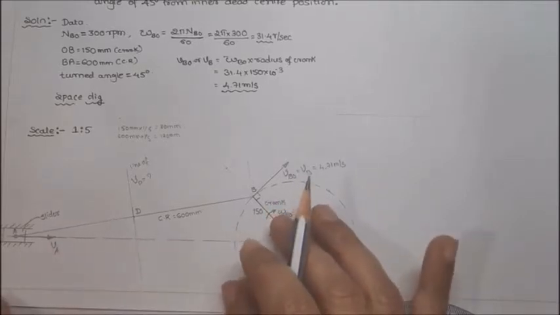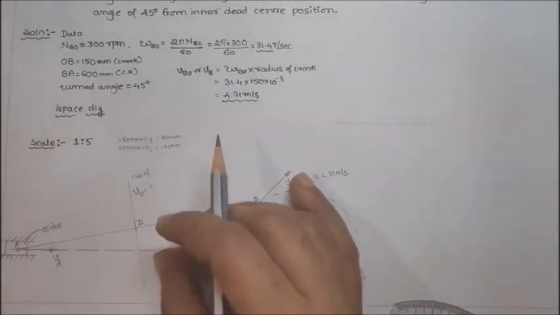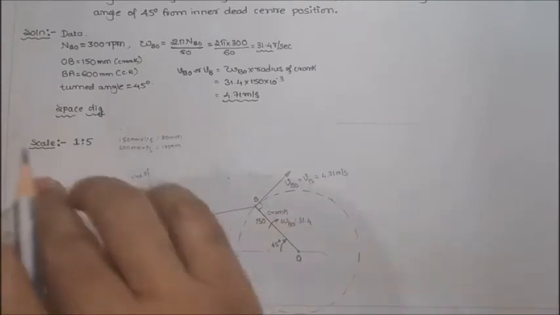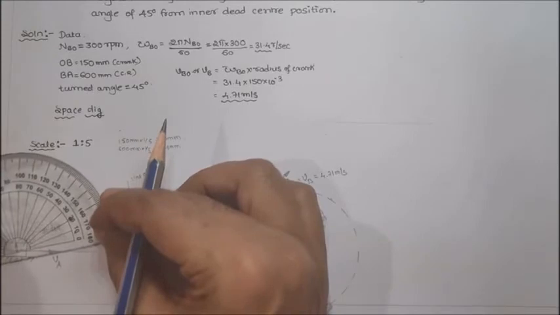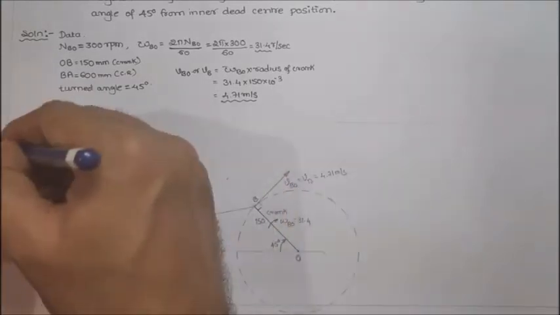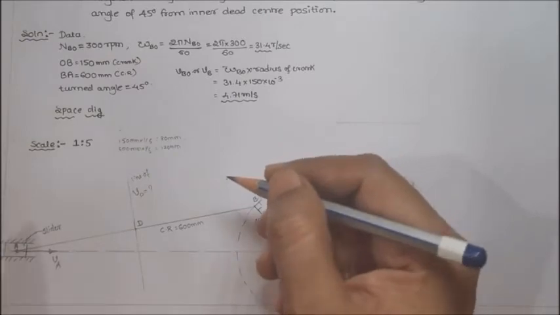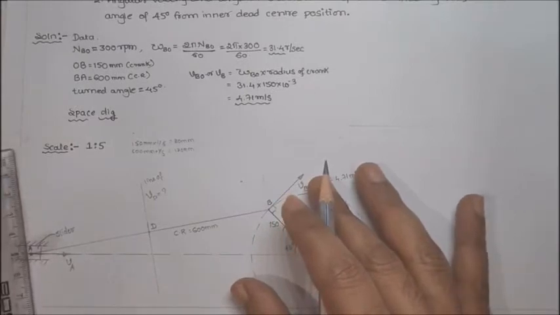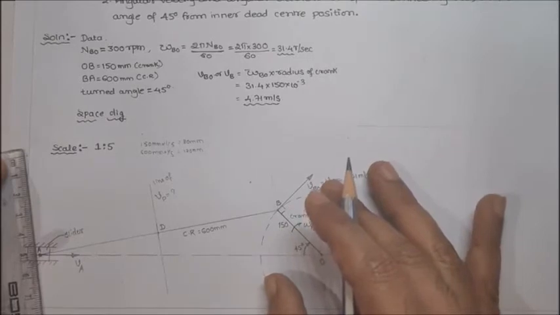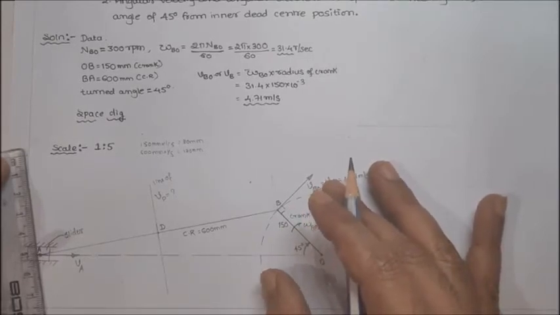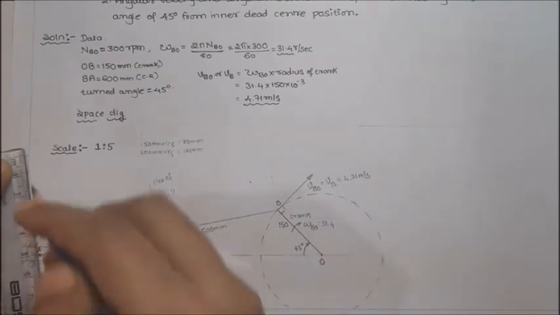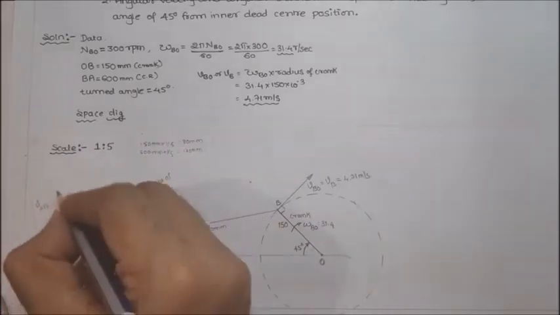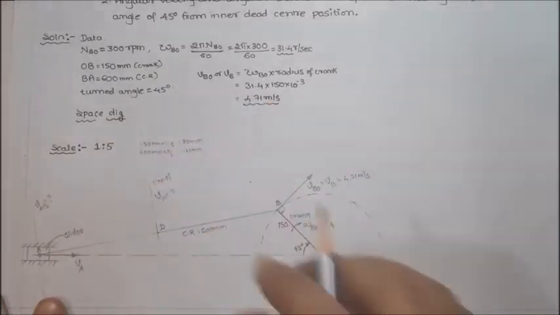Okay, next at the other point, here we know velocity of A with respect to B. For that, again you keep a protractor here, measure 90, then it is velocity of A with respect to B. So this is also unknown, but we have to find it out.